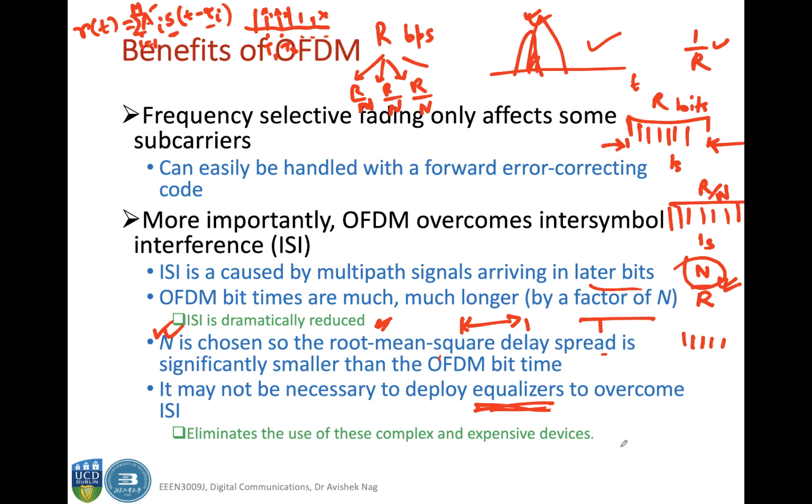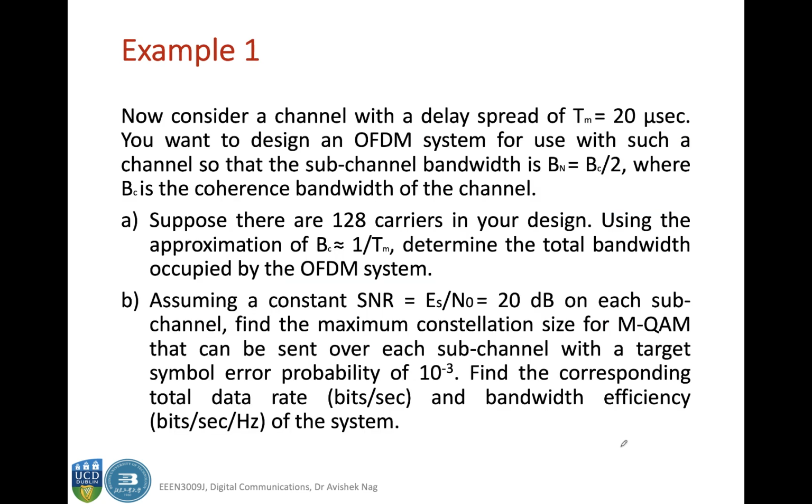Let's do an example. Consider a channel with a delay spread of 20 microseconds, and you want to design an OFDM system for use with such a channel so that the sub-channel bandwidth Bn is equal to Bc by 2, where Bc is the coherence bandwidth of the channel.